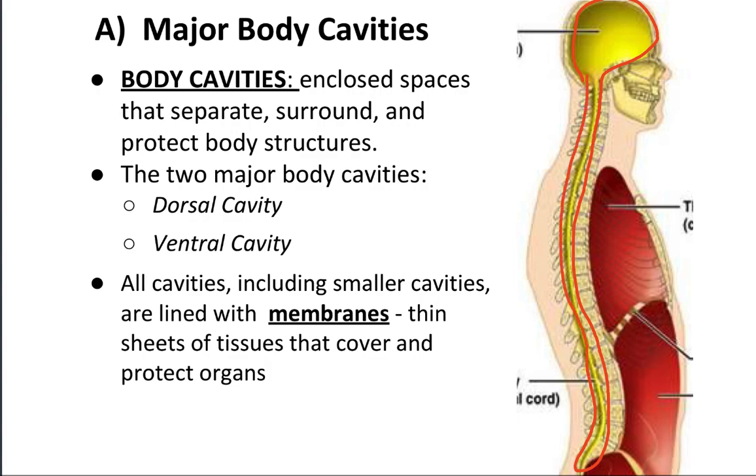As in, I cannot get from the dorsal cavity to the ventral cavity without shoving through and chiseling away bone and muscle. Okay? Now, the ventral cavity is up in the front over here. Now, the ventral cavity does have separate mini pockets within it, but they're like soft divisions.